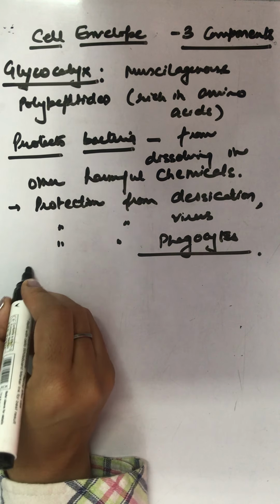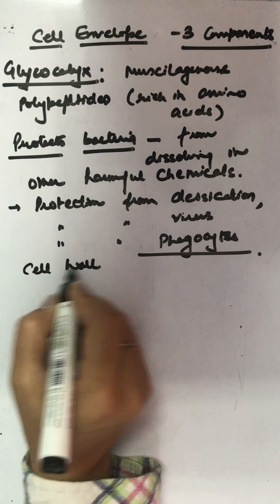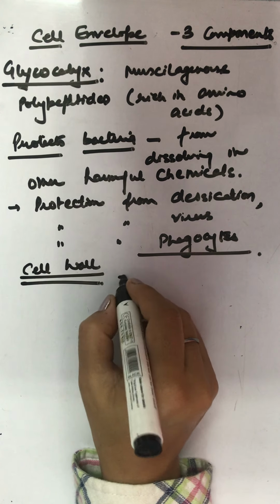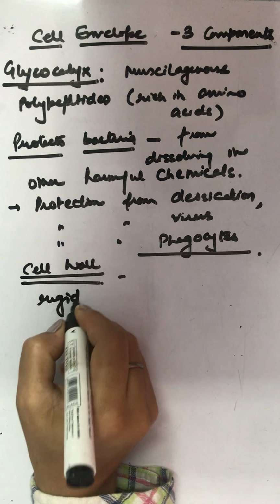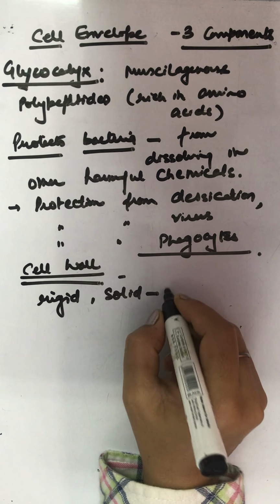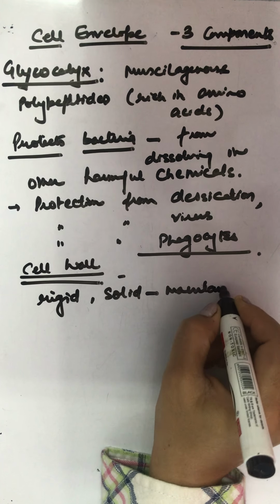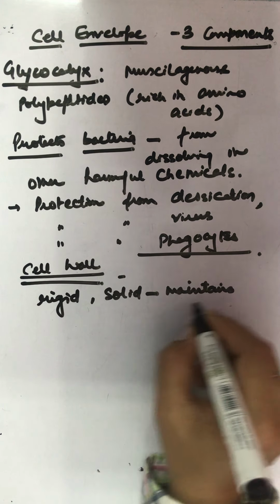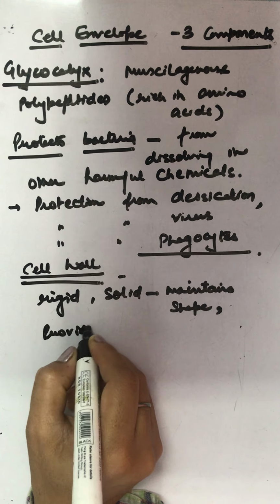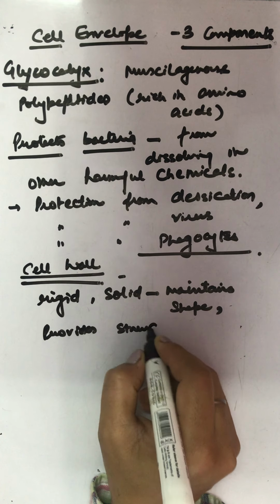Then there is the cell wall. The cell wall is a rigid, solid covering that maintains shape and provides structural support.